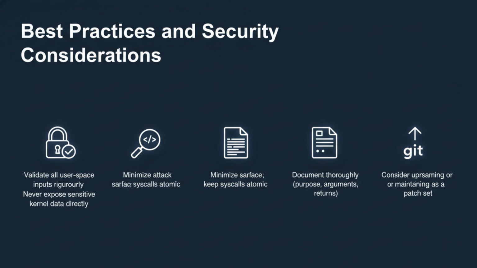Document your system calls thoroughly, including their purpose, arguments, and return values. Consider upstreaming your changes if they have general applicability, or maintaining them as a patch set for specific deployments. Never expose sensitive kernel data directly to user space without sanitization. Following these best practices will help ensure your custom system calls are robust, secure, and maintainable.